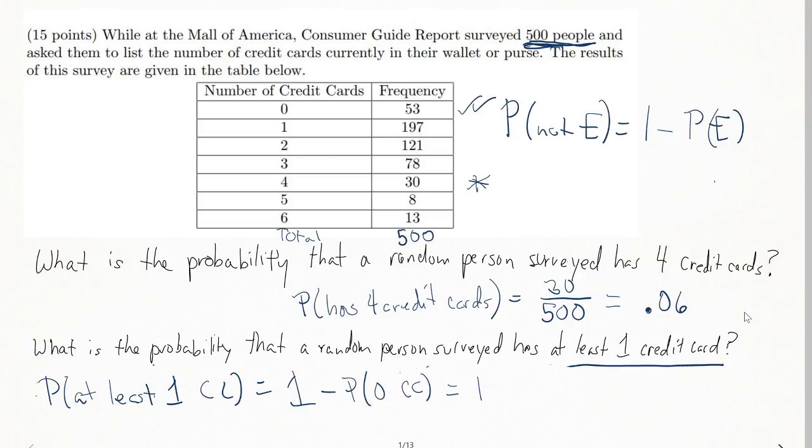So this would be 1 minus 53 over 500, and you can make that 500 over 500. If you subtract 53, you're left with 447 divided by 500, which equals 0.894, which I believe is the same answer we had before.